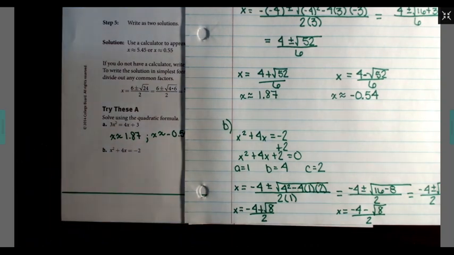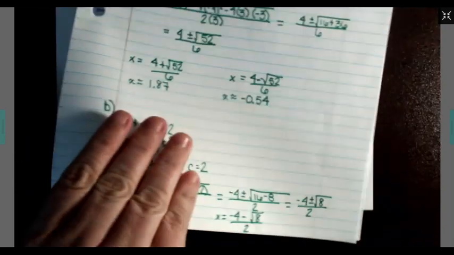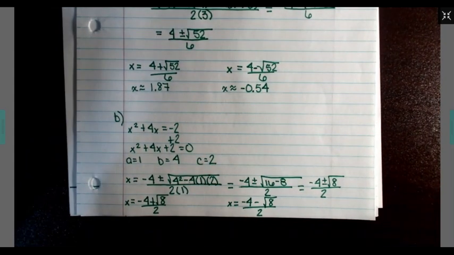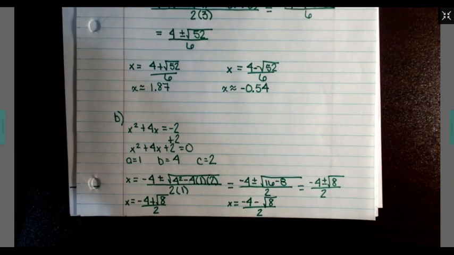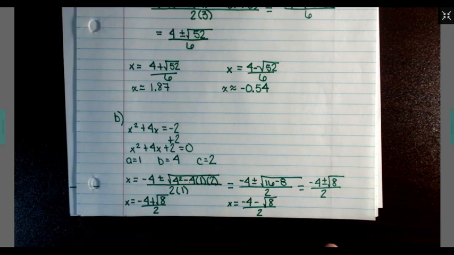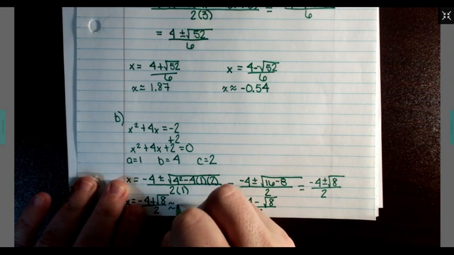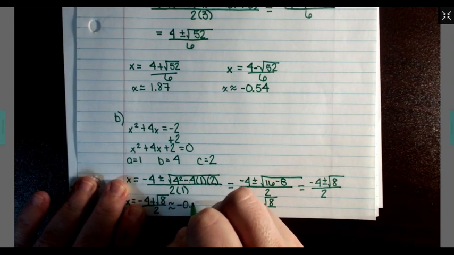Okay, going to get out my calculator here. Sorry, I kind of wrote off the screen. I apologize. So we've got negative 4 plus the square root of 8 divided by 2. This is approximately negative 0.59.